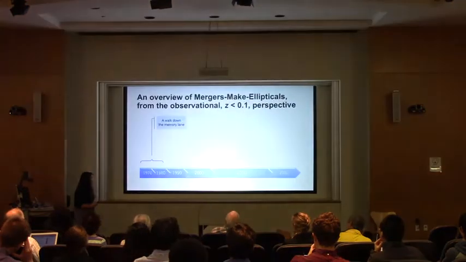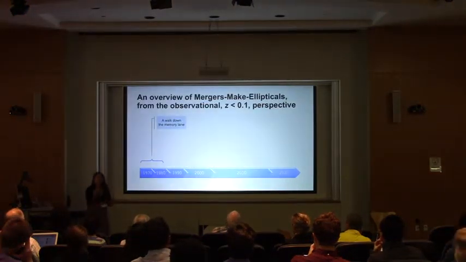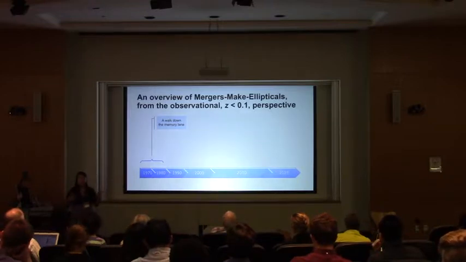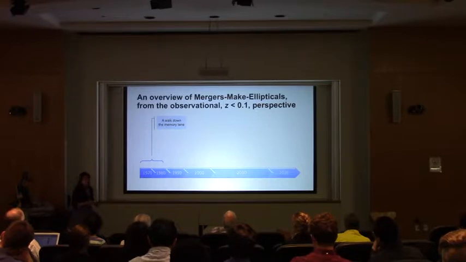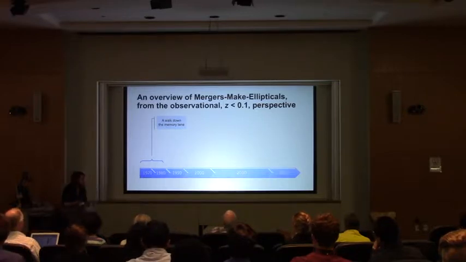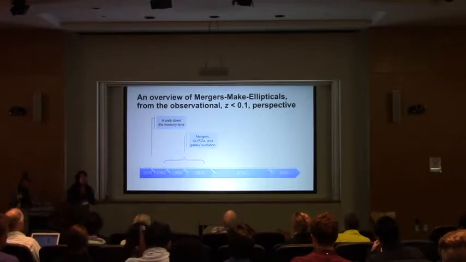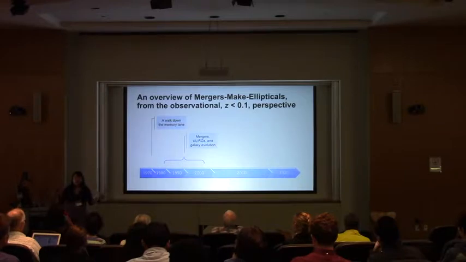Okay, so today I'm going to give you a narrative about the merger-driven scenario of galaxy evolution from a low-z observational perspective. I'm going to first have a quick walk down memory lane, and then I'll tell you about what mergers and ULIRGs are, how they're related to each other, and what role they play in galaxy evolution.